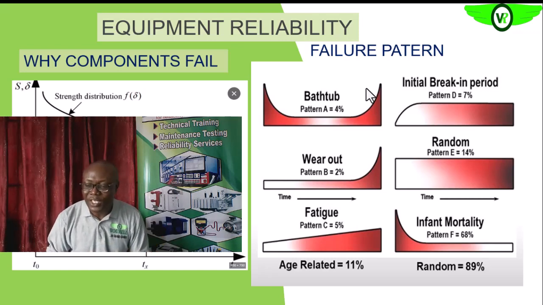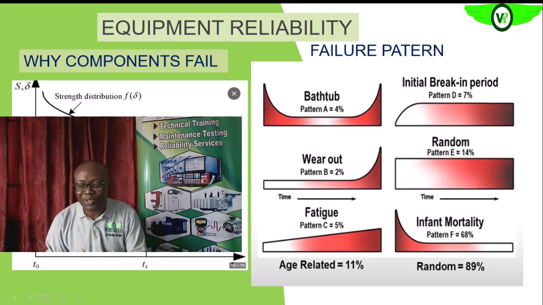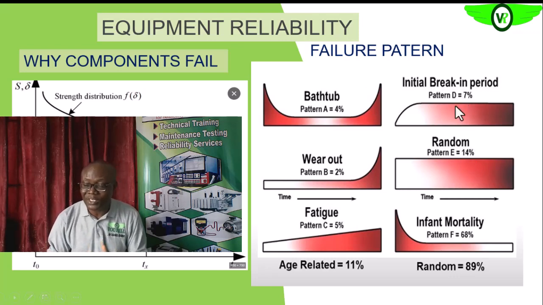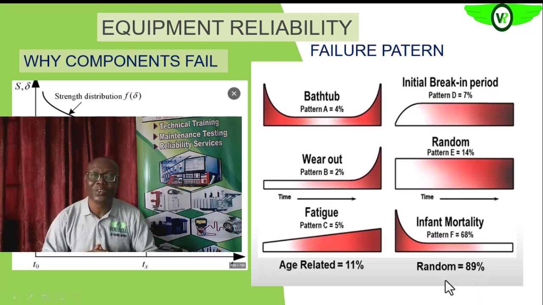If we concentrate on this random pattern, knowing that the equipment will fail randomly, and then concentrate more of our assets on this part of the curve, you see that we'll be able to take care of 89% of the unreliability issues that we'll be having in the plant. We'll see that later as we go along in subsequent sections.